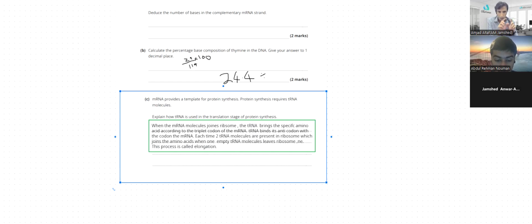But don't forget, explain how transfer RNA is used in the translation stage of protein synthesis. Our main focus in every point should be the transfer RNA, right? Yeah, I mentioned transfer RNA, how it binds and how it leaves the ribosome.